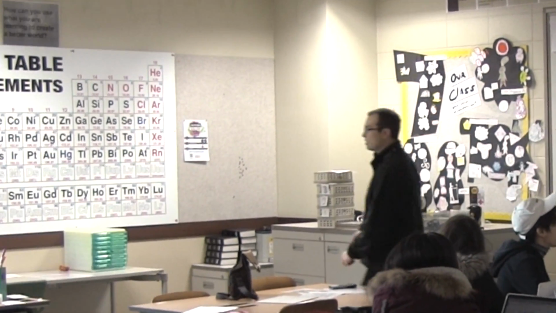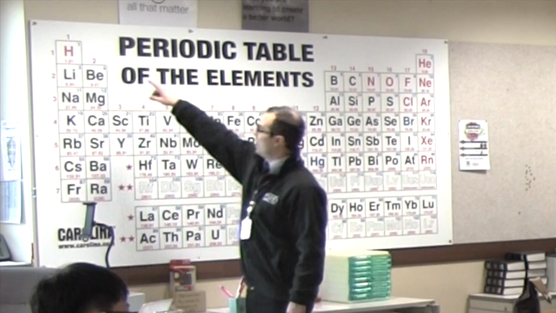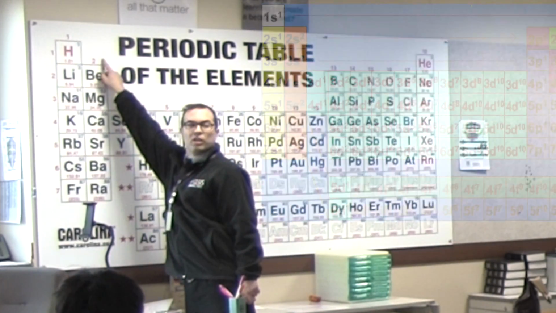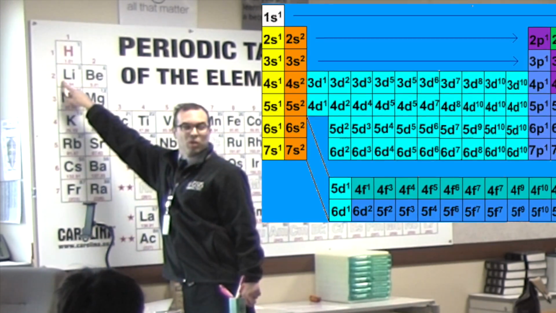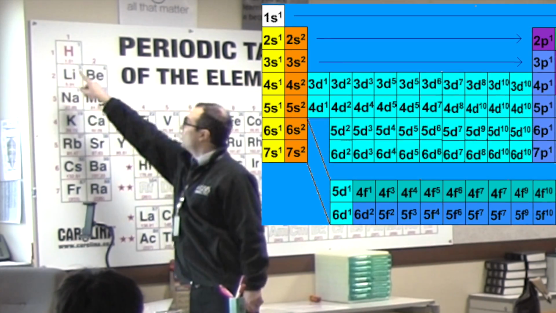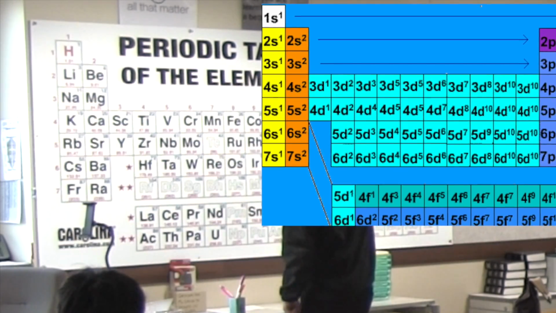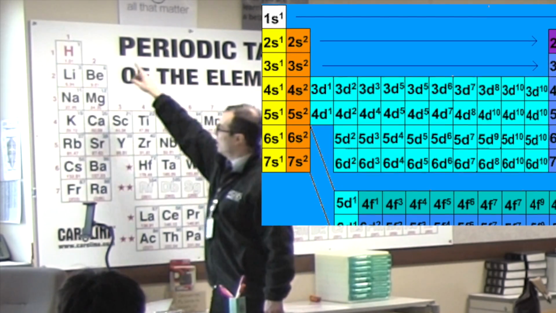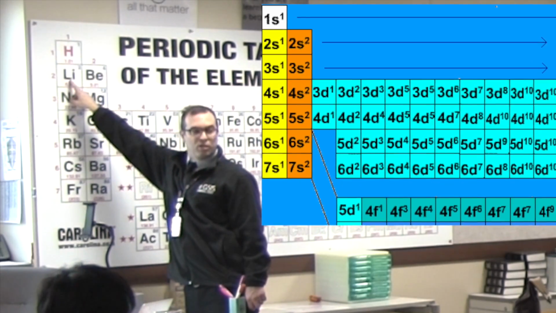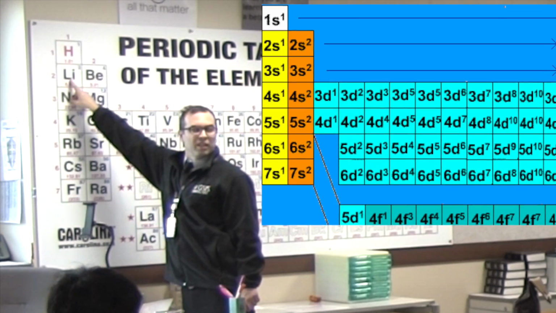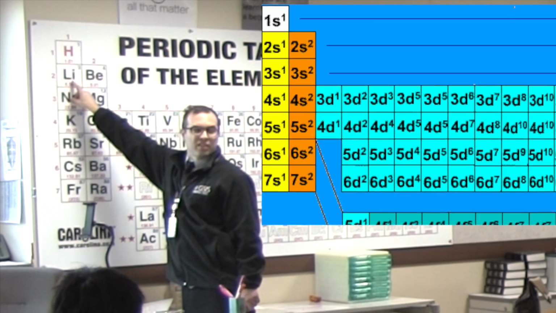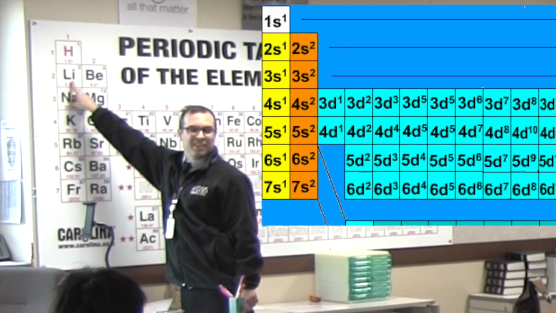So let's go back over here to lithium. We have 1s1, 1s2, and then we have 2s1. As we go all the way over, 1s1, 1s2, and then it's the second period, so we start with 2s, and there's one electron, so 2s1.